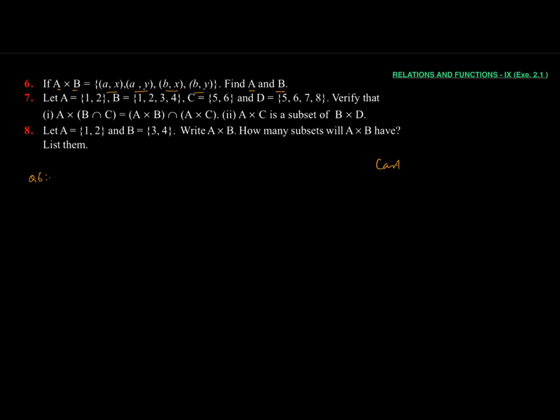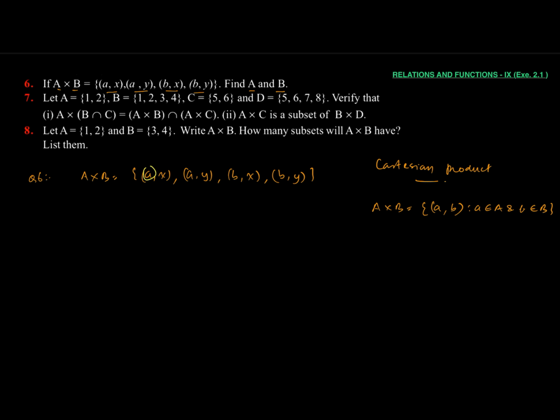We know that in the Cartesian product of sets, we have two sets such that their product is a set having ordered pairs (a, b) such that a belongs to set A and b belongs to set B. So here it is given that the Cartesian product of sets A and B is (a, x), (a, y), (b, x) and (b, y).